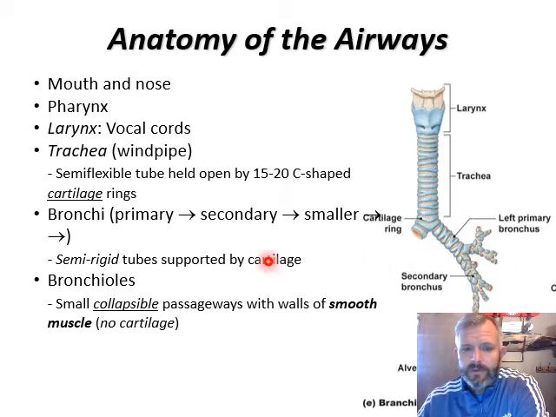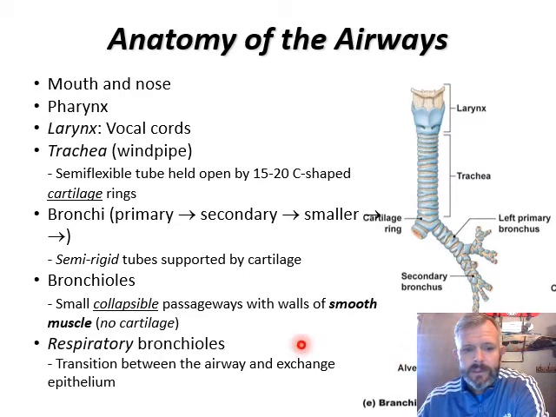Okay, so we've come down, we've broken up into smaller and smaller, and then we get down into the bronchioles. We're almost getting to the end here, but this is where we can control the air into the different regions. And then we move into, finally, the respiratory bronchioles that will move us into the final portion, the end part of the alveoli.